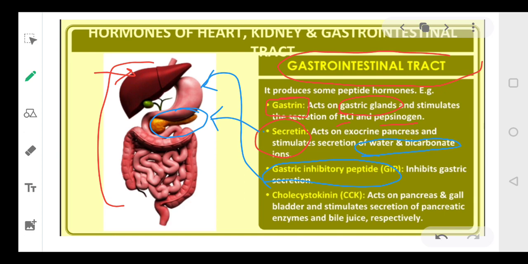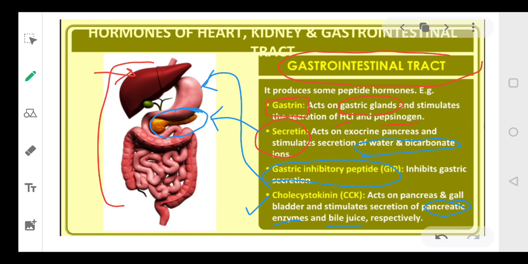So gastric inhibitory peptide acts exactly opposite to that of gastrin. And the last hormone that we have to talk about is CCK, that is cholecystokinin. Now this particular hormone acts upon your liver, your pancreas and the gallbladder. It acts on the pancreas and gallbladder and releases pancreatic enzymes and bile juice.